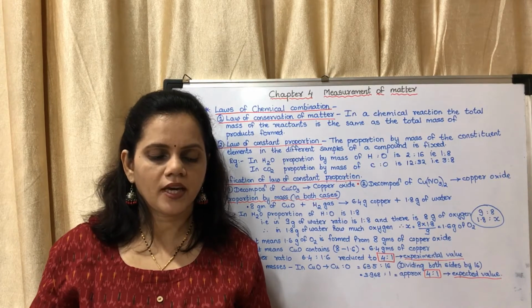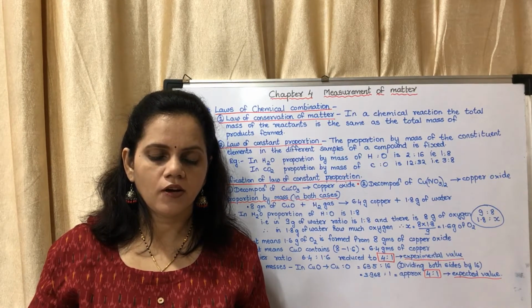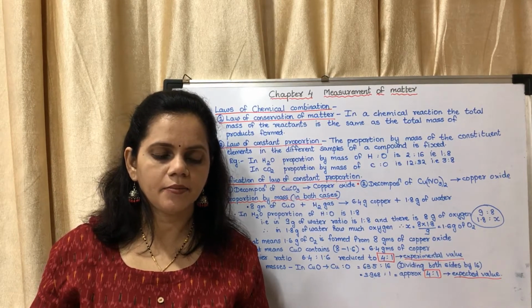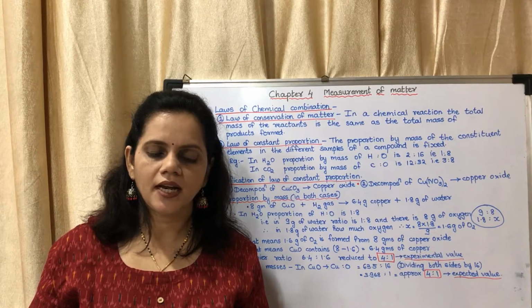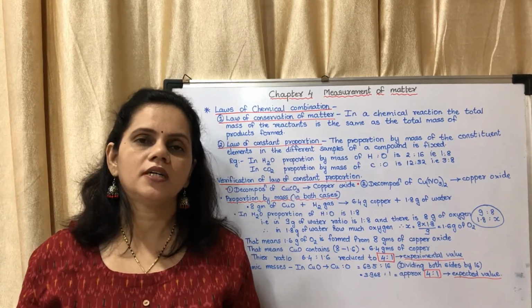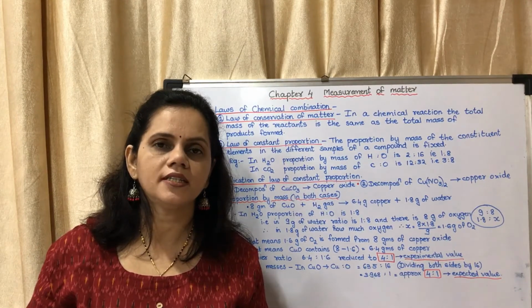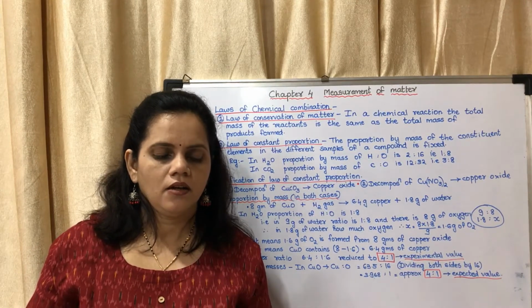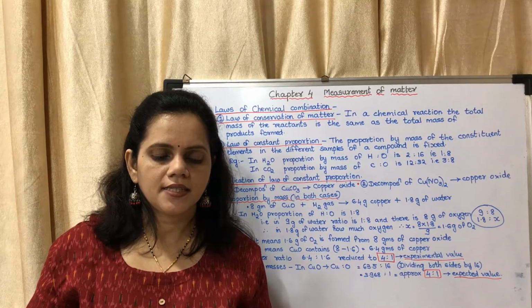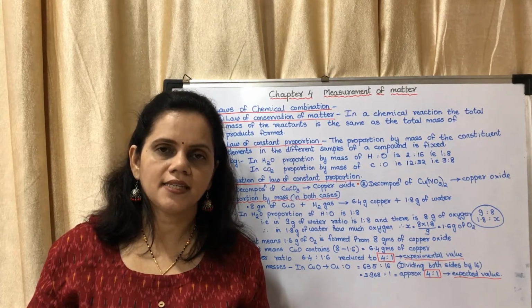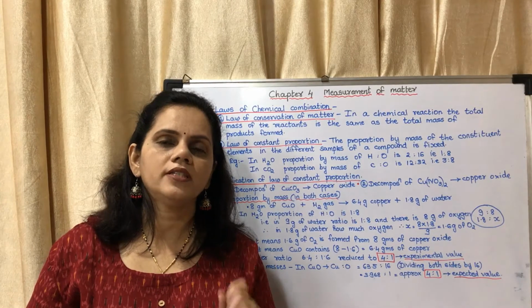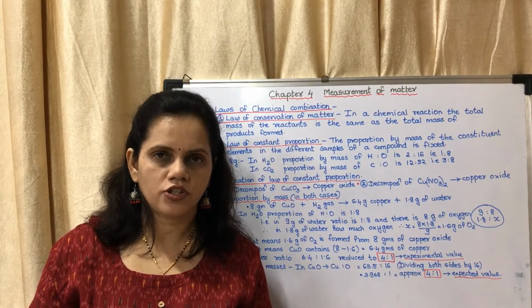Okay, what are the molecular formulas of common salt, slaked lime, water, lime, and limestone? The chemical formula of salt is NaCl. Slaked lime is Ca(OH)2, that means CaOH in brackets and 2 outside.